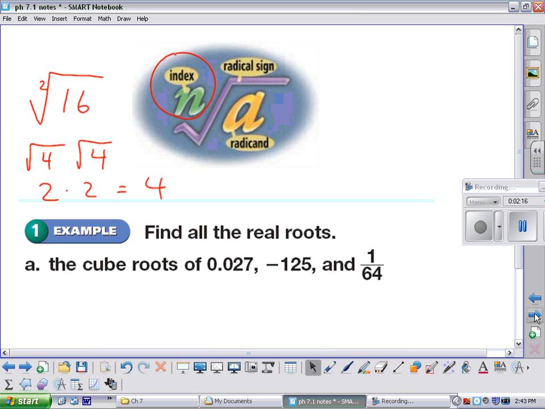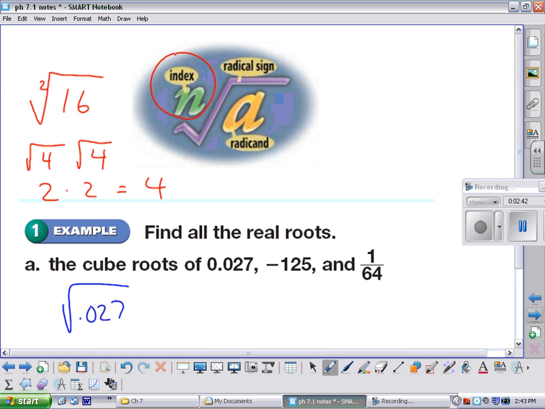But now there's vocabulary and there are symbols here. So the vocabulary says: what are all the real roots? In other words, the real numbers that make this happen. The cube roots of 0.027. In other words, it's saying what number times itself 3 times is 0.027?